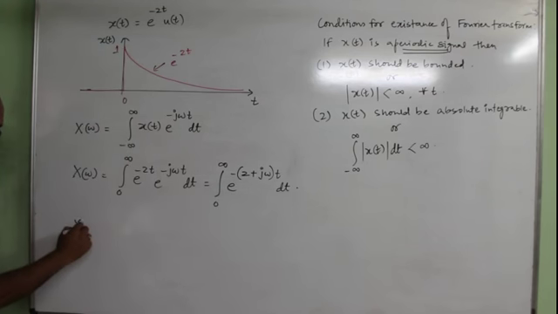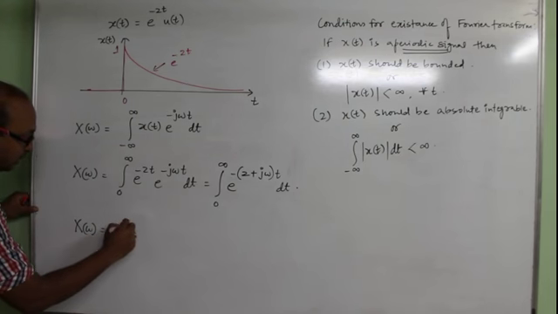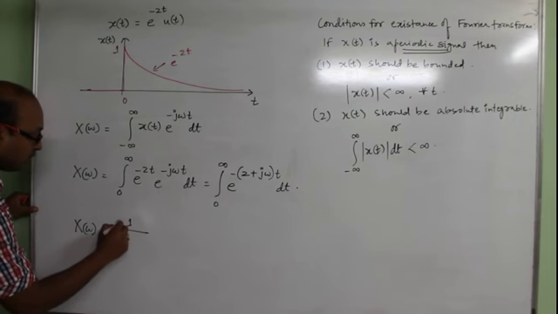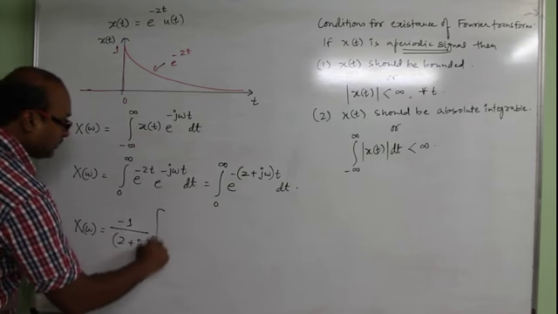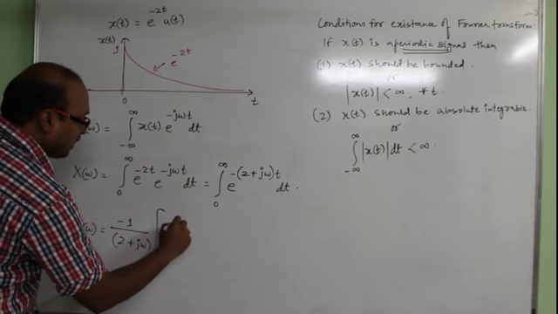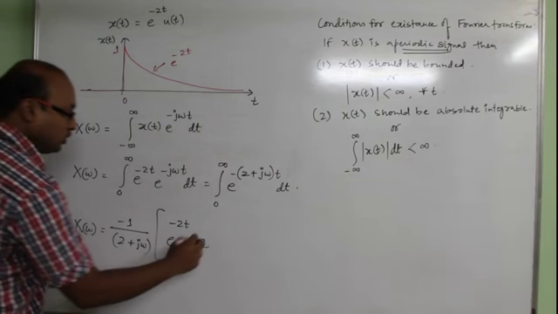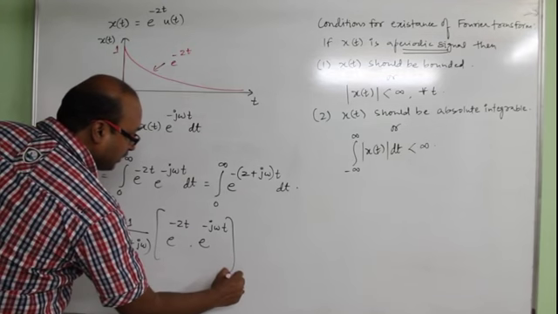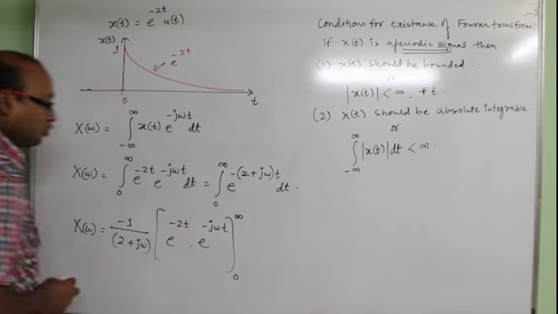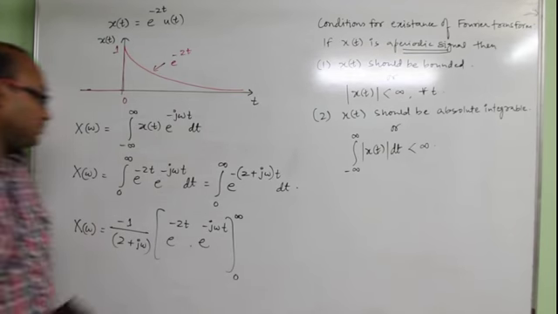Now the integration of this is minus 1 upon 2 plus j omega, times e to the power minus 2t e to the power minus j omega t, with limits 0 to infinity. Now we will substitute the limits.